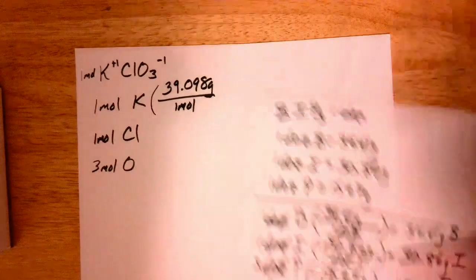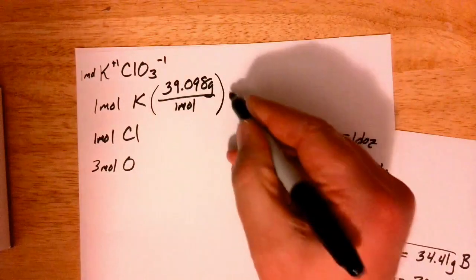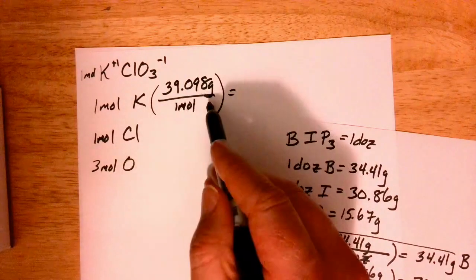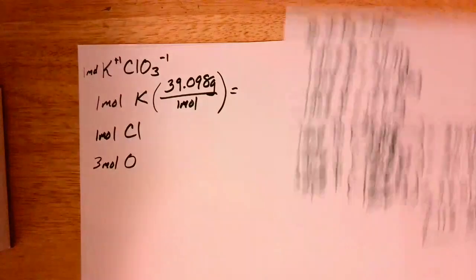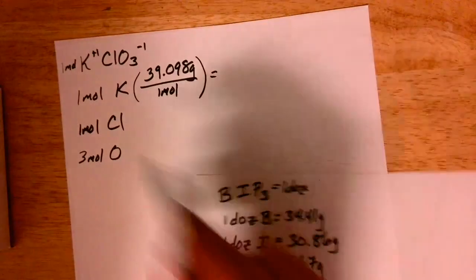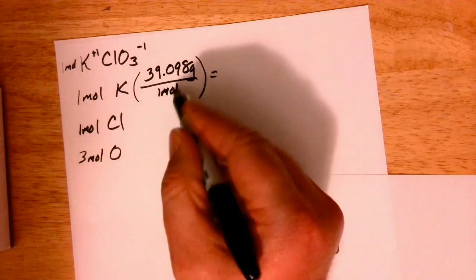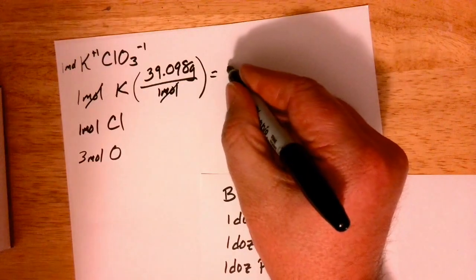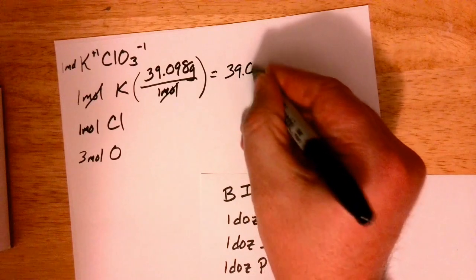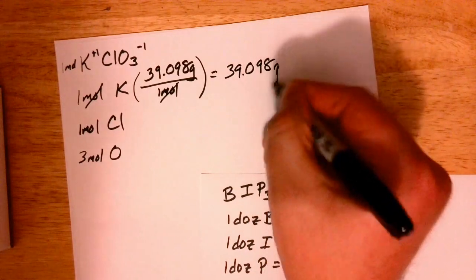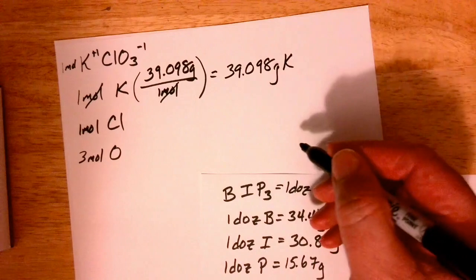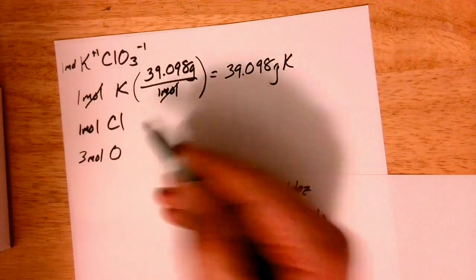So that would be how many grams of potassium we would have. So if I take 1 mole of potassium times 39.098 grams, moles will cancel, and that will give me 39.098 grams of potassium. Same thing for chlorine.